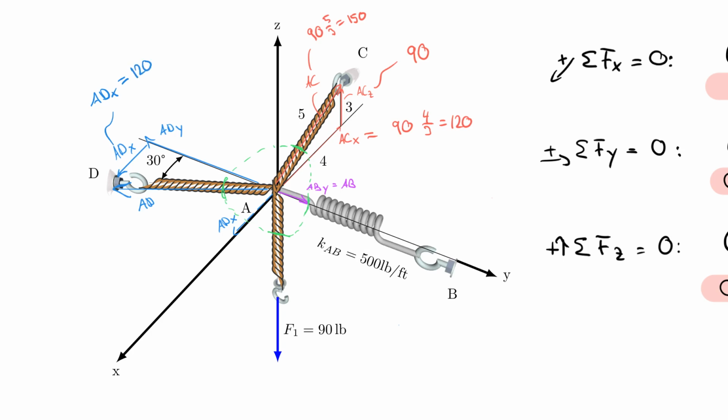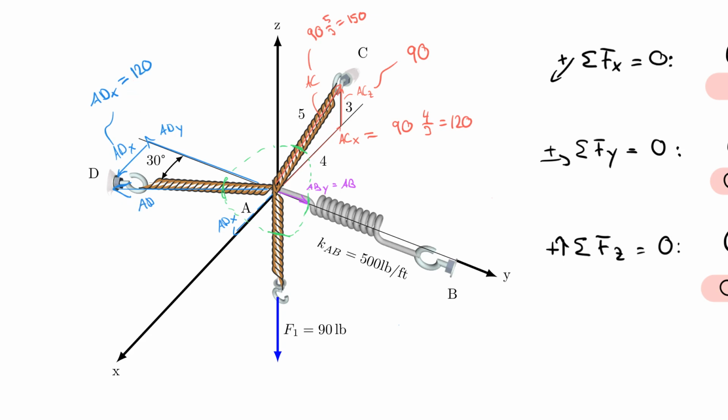And now you see where I'm going, right? Because now I can just take the 120 and turn it into AD. So for example, AD here, right? This force, AD times the sine of 30 gives me 120. So let me write that down.